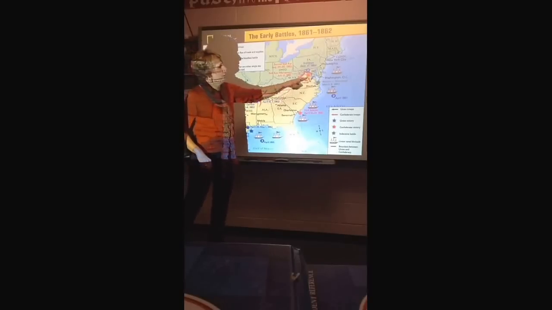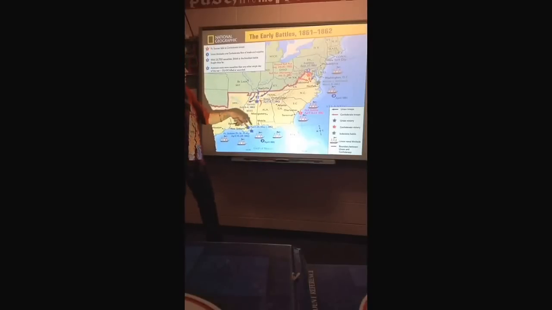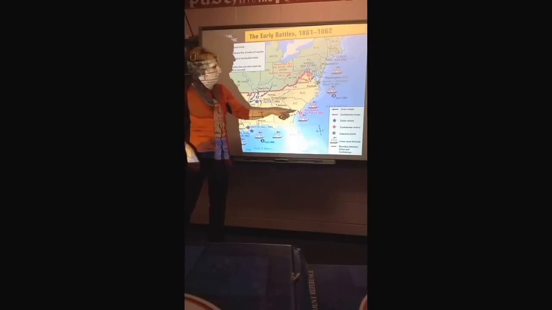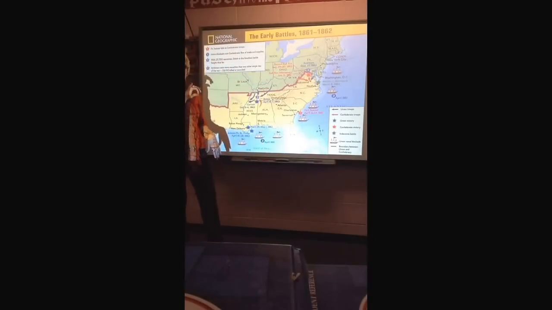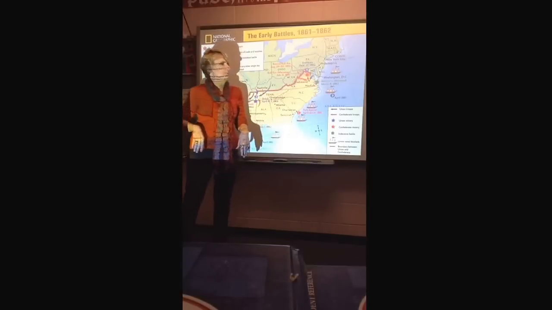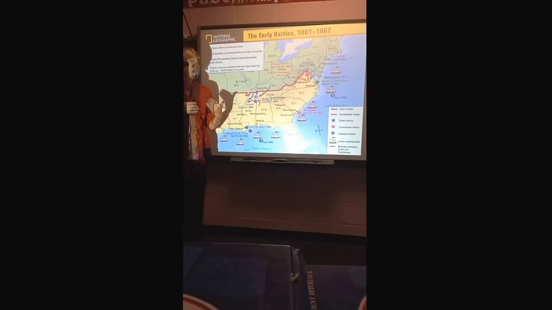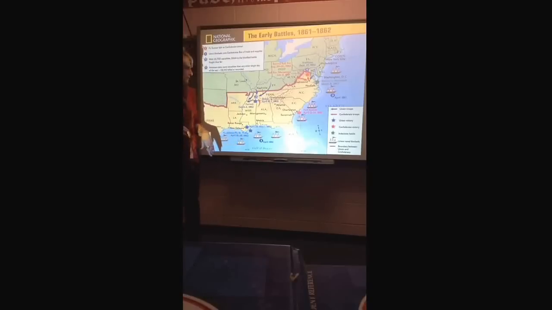Bull Run is there. Antietam is in Maryland. Shiloh is out here in Tennessee, and Fort Sumter. This gives you an idea. Another one that's not mentioned on those battles is the battle between the Monitor and the Merrimack. We're going to talk a little later about technology, about the use of ironclads, and how ships now entered into the war.